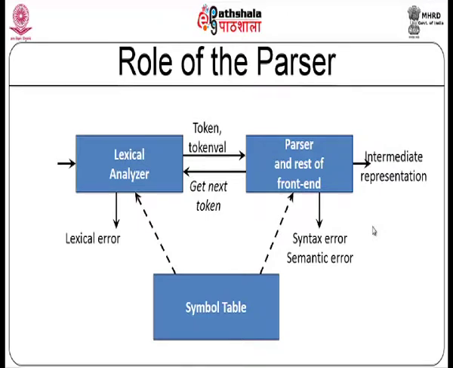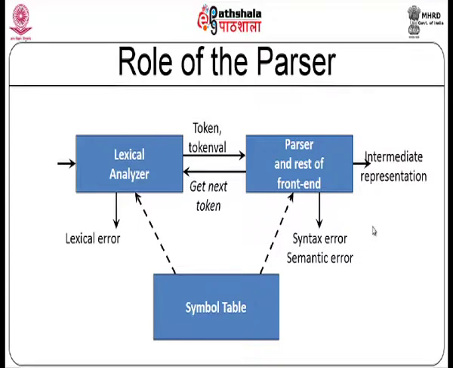The parser also uses this symbol table to check whether the syntax of every construct, every statement is obeyed or not, and if it is correct, it constructs what is called a parse tree, or a derivation tree, or otherwise a syntax tree, which is used by the next phase of the compiler, which is your semantic analysis leading to the intermediate representation. The semantic phase also works on the constructed parse tree.